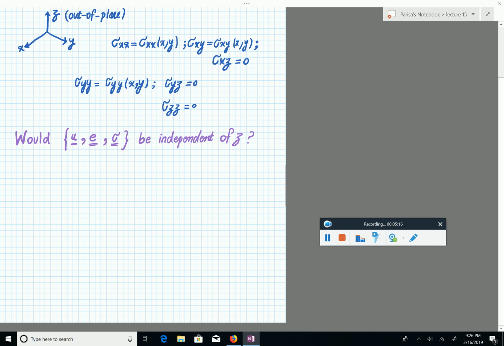Well, since stress is independent of z, and then since we are in the realm of linear elasticity, then it is very logical to assume that strain will be also independent of z.